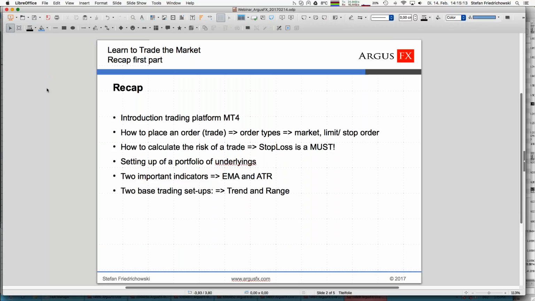So what we need is a so-called edge. We need something which is with us, so that on average we are on the right side of a trade. But for a single trade, it's always random and nothing else. If anybody would tell you something different, please don't believe him.